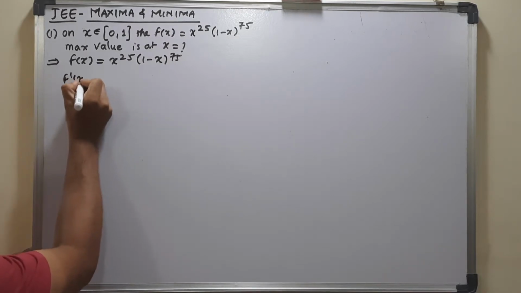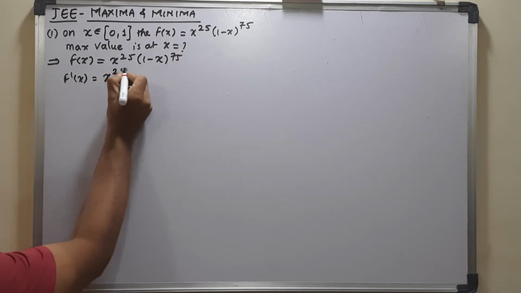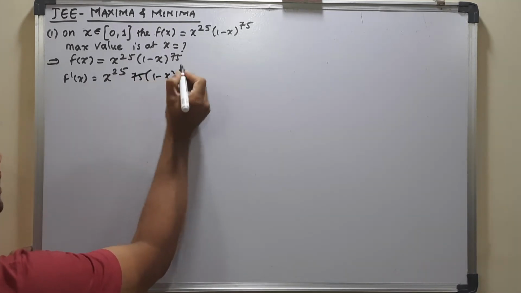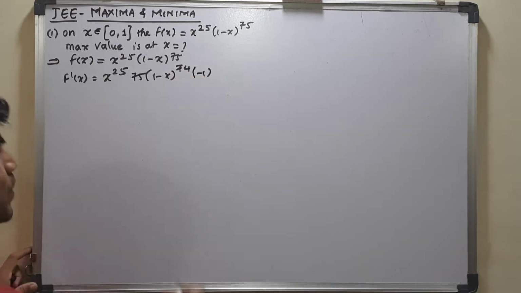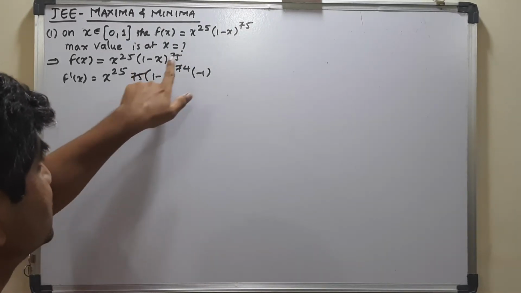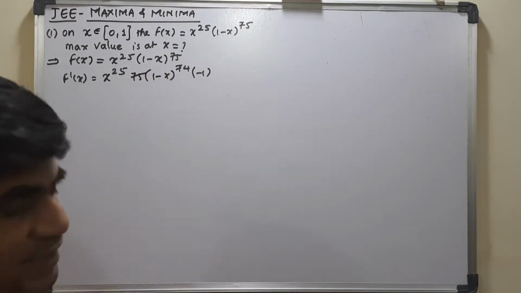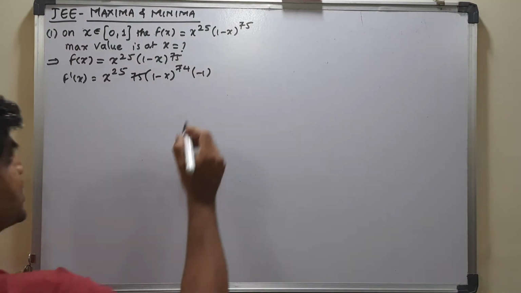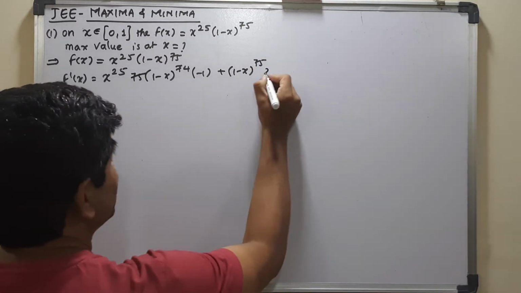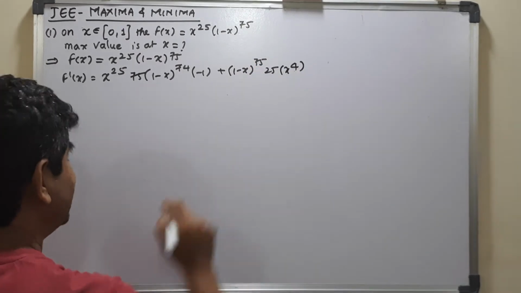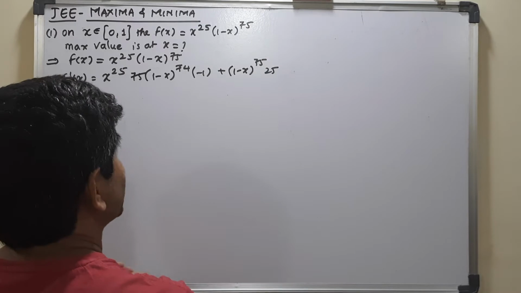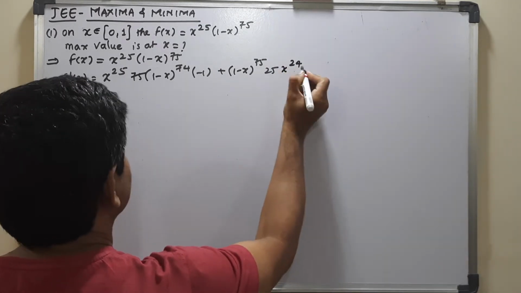So f dash x will obviously use the product rule: first function into derivative of second function, that is 75 into 1 minus x raised to 74 into minus 1, plus 1 minus x raised to 75 into 25 x raised to 24.